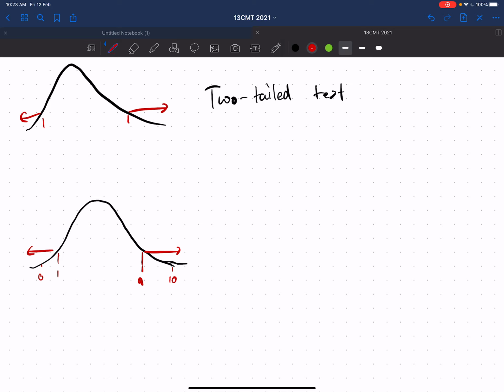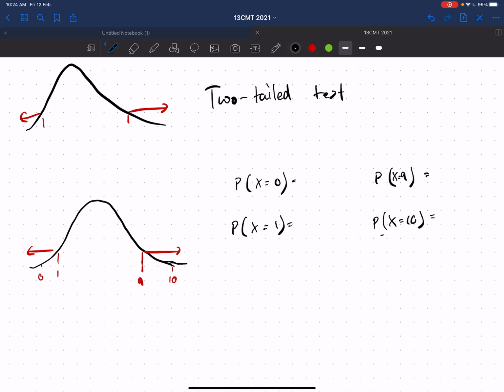So basically, they've said because it's symmetrical, you're looking at both sides, it's going to be symmetrical on both sides, so I need to consider the symmetrical version of 9 and 10, which is 0 and 1. They then calculated the probability that x equals 0, x equals 1, 9, and 10.